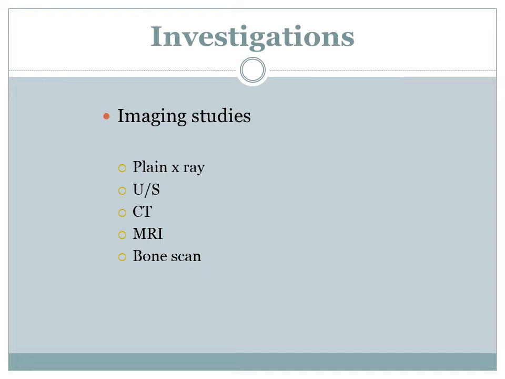Ultrasound can be very beneficial if you are looking for an effusion inside the joint, especially a concealed joint like the hip joint, to differentiate between a simple effusion, or if you suspect septic arthritis, or inflammatory effusion inside the joint, or hemarthrosis, for example.